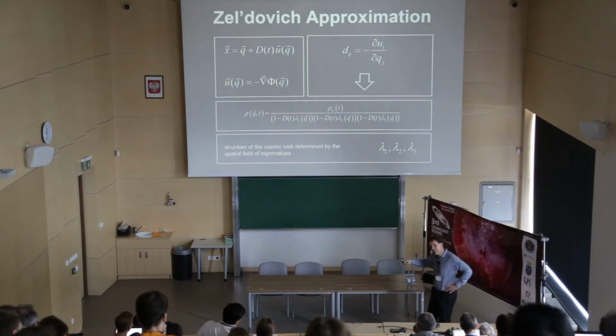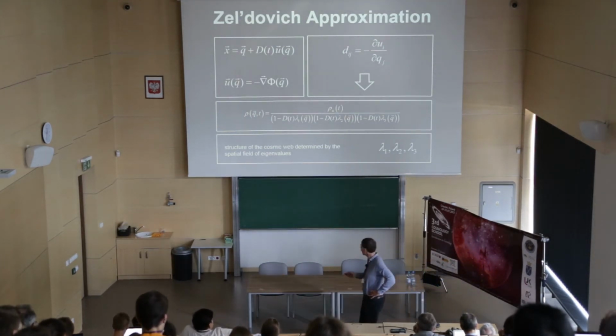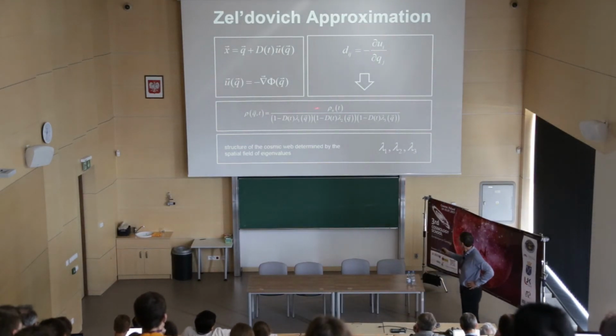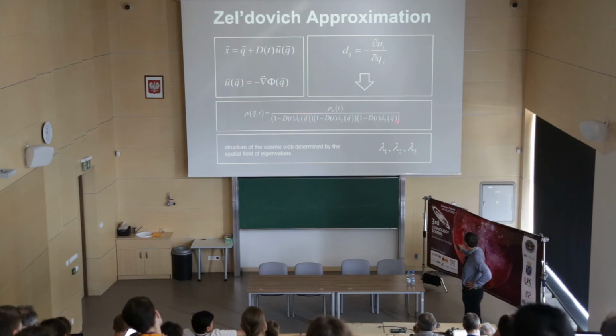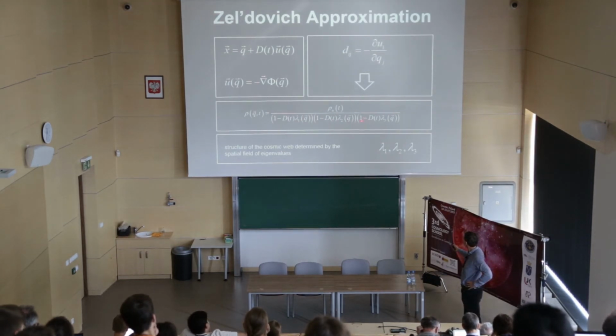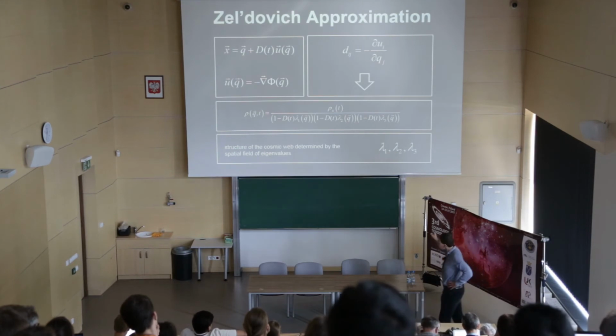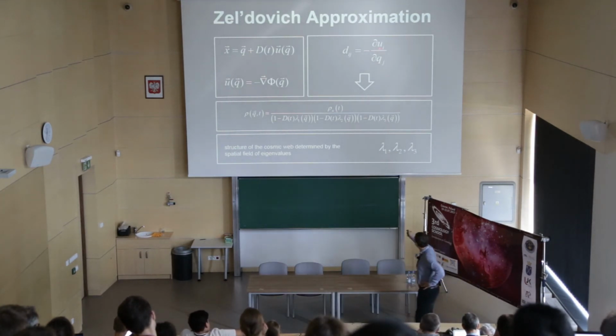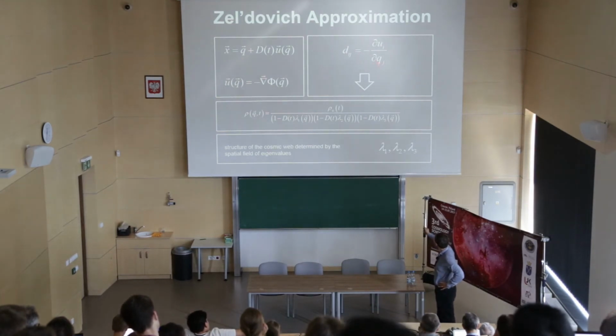When you do that calculation, you find this answer, and the answer is very insightful. This is the uniform density, but underneath the line there are three components: 1 minus D times lambda 1, times 1 minus D lambda 2, times 1 minus D lambda 3. The lambda 1, lambda 2, lambda 3 are the eigenvalues of this deformation tensor.